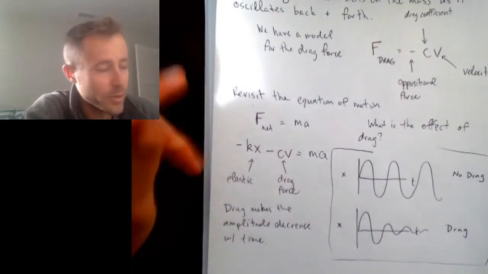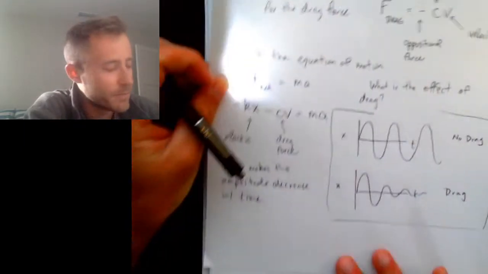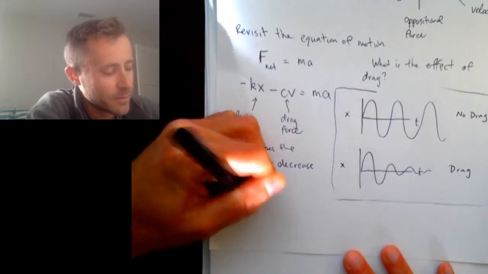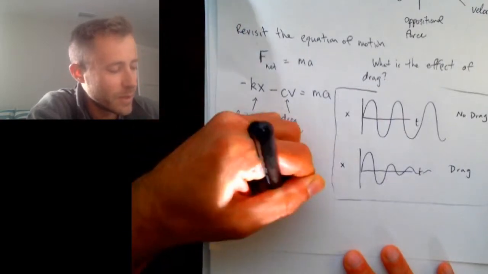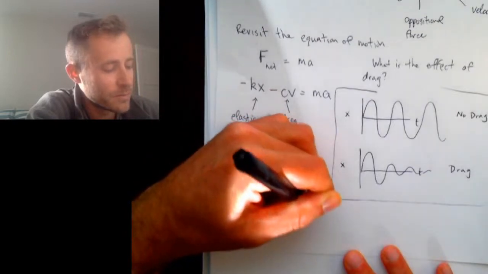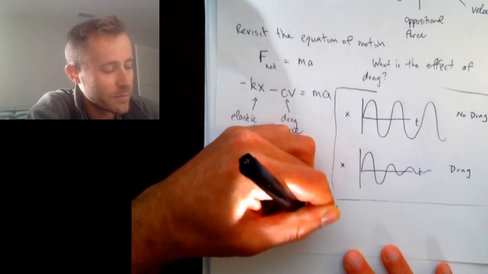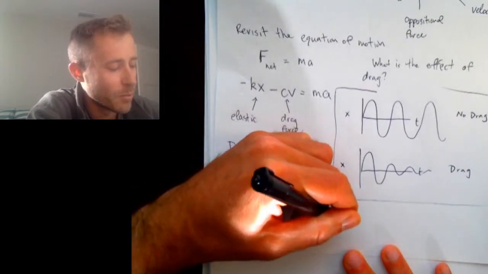Now, quite predictably, more drag means that the amplitude decreases more quickly.